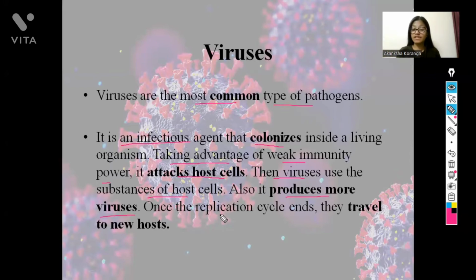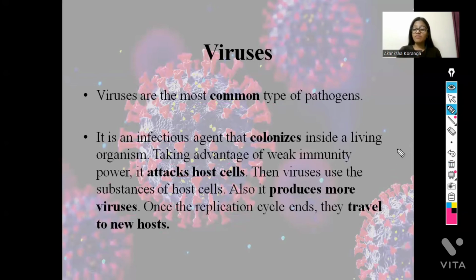Once the replication cycle ends, they travel to a new host. This is done because if they multiply in only one host, the resources will be finished, and then they will not be able to survive for long. So to keep going with their reproduction and functioning, they enter a new host cell, a new host body.